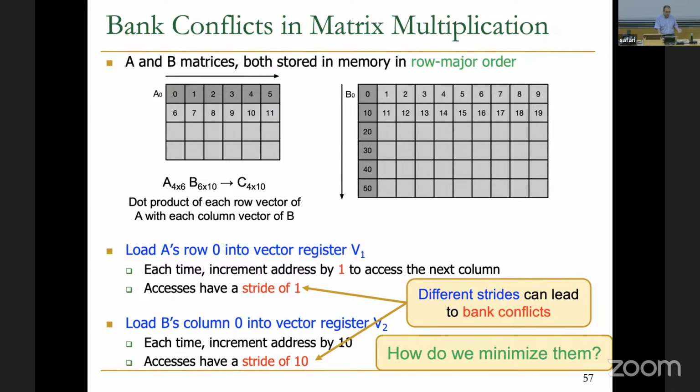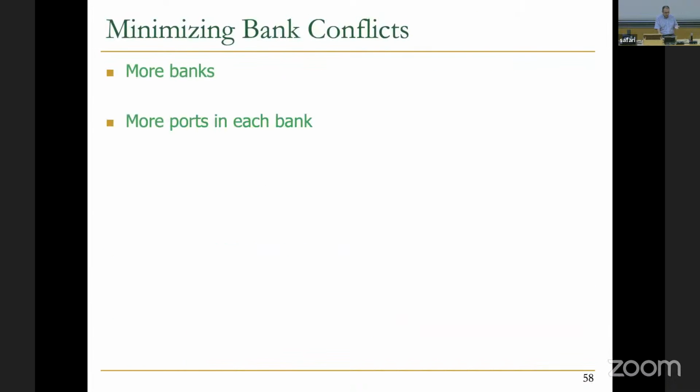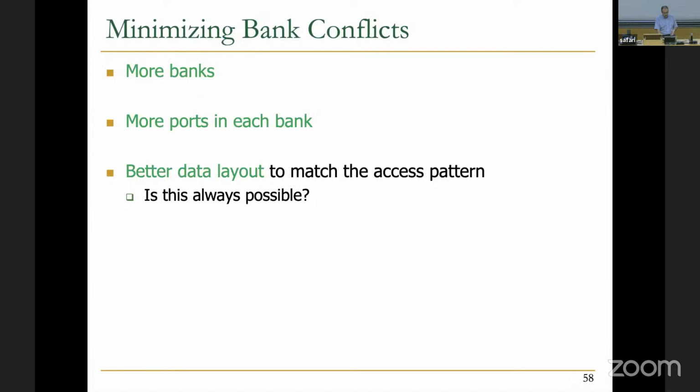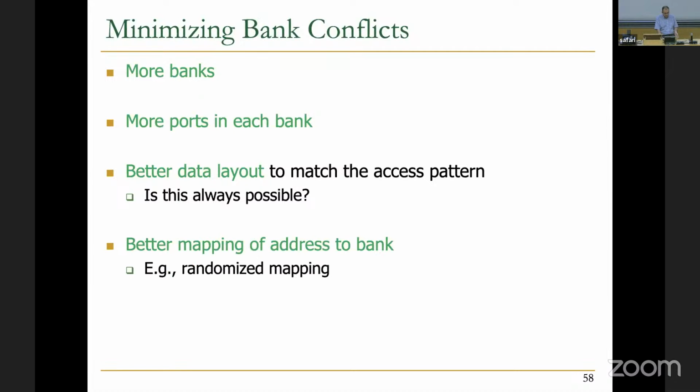There are many ideas to minimize bank conflicts: better implementation, using more banks, more ports, and also better mapping of addresses to banks, such as using a randomized mapping. The way we map data to memory is not that simple, where for every address you can easily calculate the position in main memory.